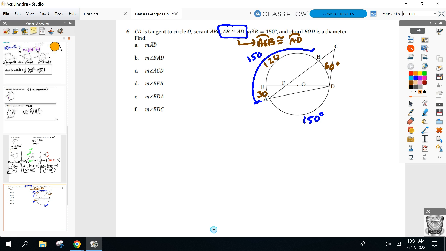EB is 120, right? Because it's got to add to 150 with EA, which was already 30. Or it's got to add to 180 with the 60 because it's a semicircle. All right, part A is already done. Measure of arc AD is also 150.